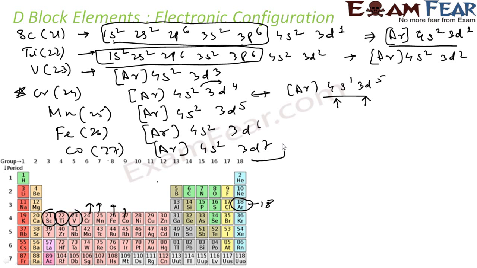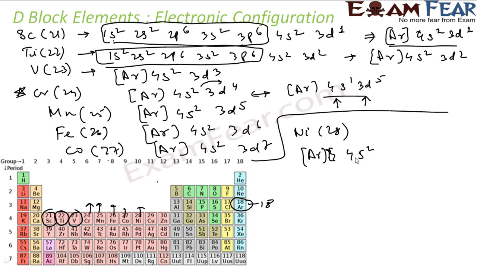Then we have nickel. Nickel is 28. So here also argon takes care of 18 electrons, and then you have 4s2 that takes care of 2 electrons, 20, and then 8, 3d8. Then we have copper. Copper is 29. Here also argon takes care of 18 electrons, then 2, 20, and then 9, 29.